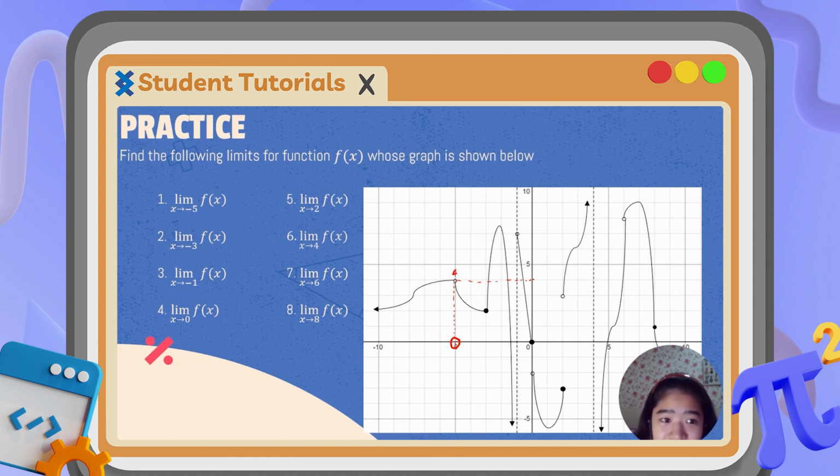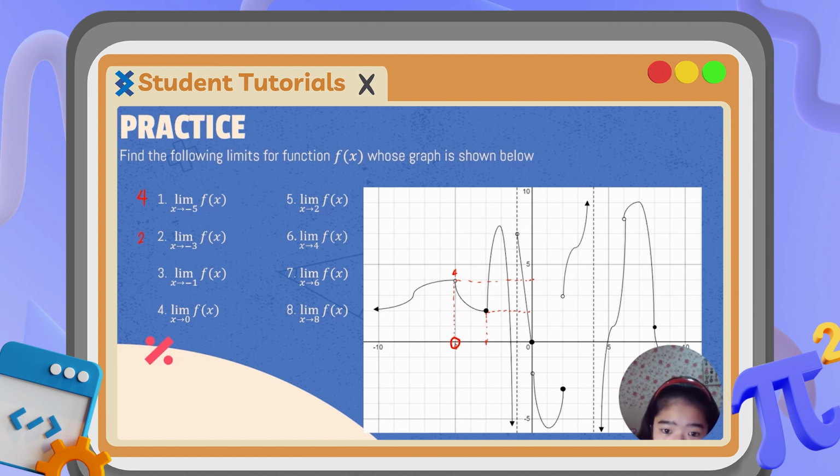So the answer for this would be 4. Next, for -3, -3 is around here, and when we look at the function, this would be approaching 0.2. So that's how easy it is to find the limit just by looking at the graph.